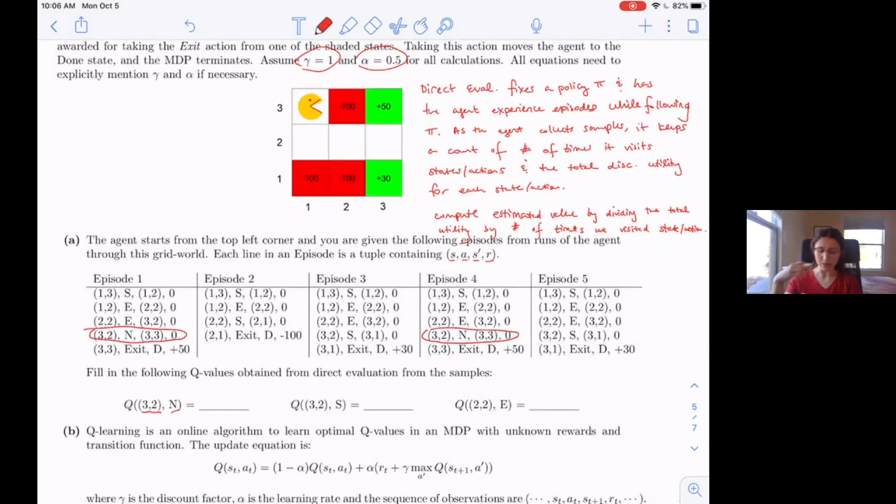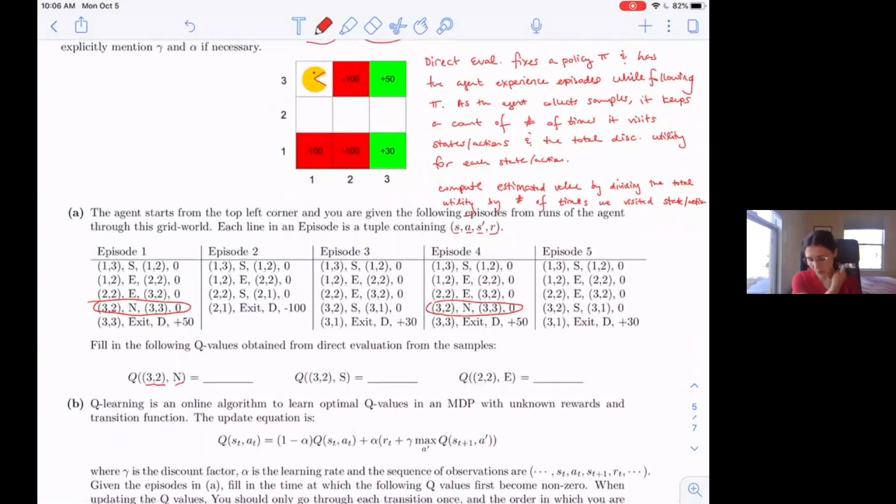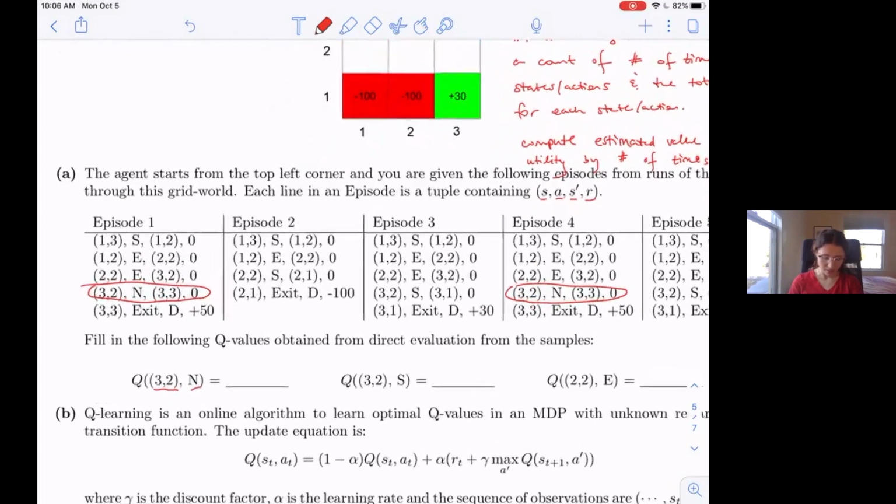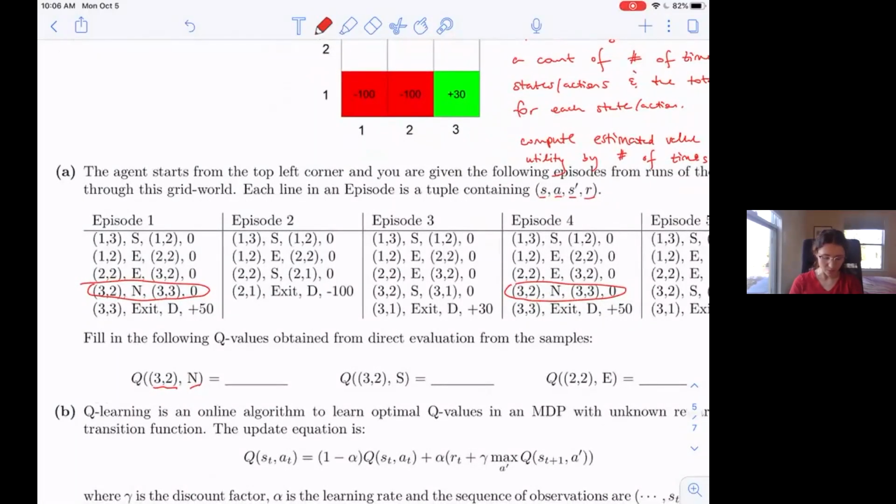Now, what do we need as the numerator when we're computing direct evaluation? Well, we need to figure out what the total utility was from each of these. How are we going to do this? Well, we know that in this sequence of states and actions that the agent took, when it's in 3-2, it's going to get an immediate reward of 0.